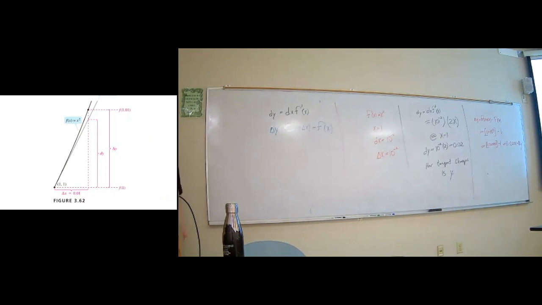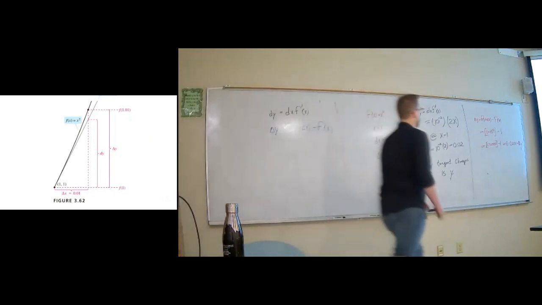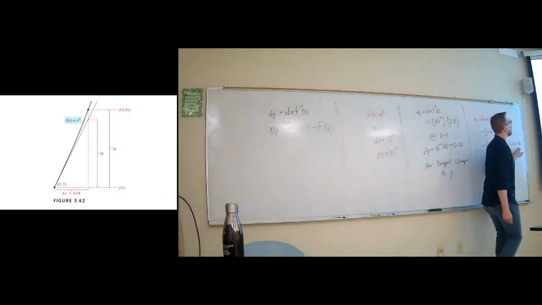When we move over from x equal to 1 by about 0.01, the difference between our function and the tangent line only differs by about 0.0201.